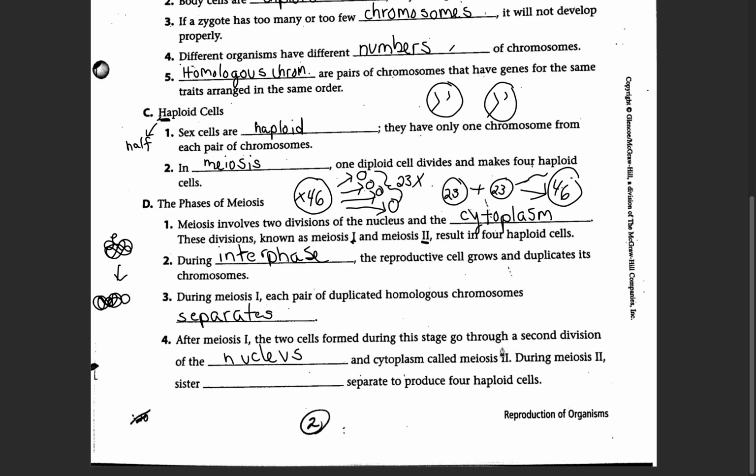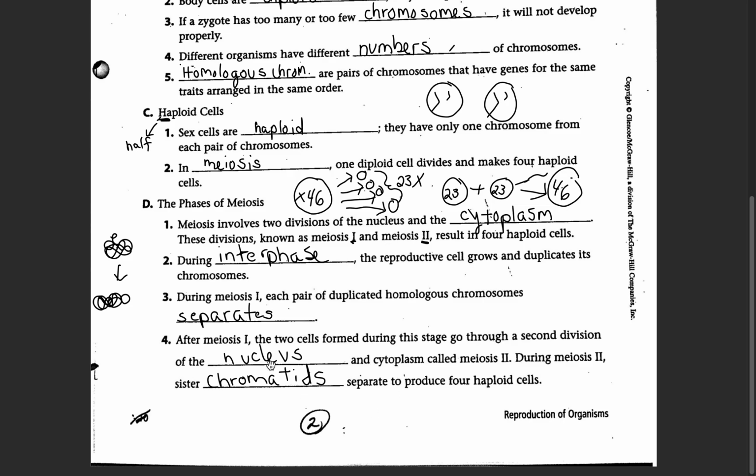During meiosis 2, the sister chromatids separate to produce 4 cells that have half the number of chromosomes, aka 23.